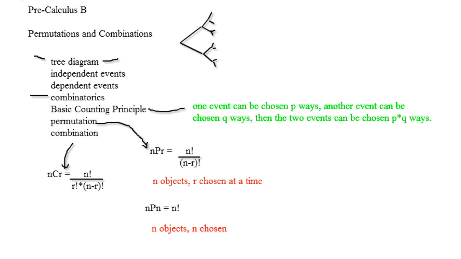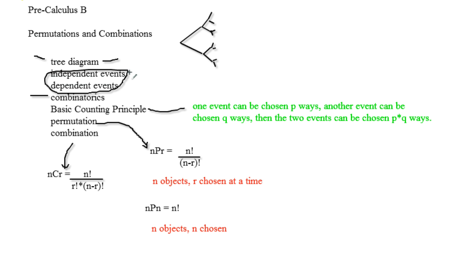Now, first off, before we get into permutations and combinations, we need to talk about independent and dependent events. Independent events are events where the probability of one does not affect the probability of the other. Like, for example, when rolling dice, one die does not affect the other unless literally they are attached to each other, and that's a weird dice game and you should not be playing that.